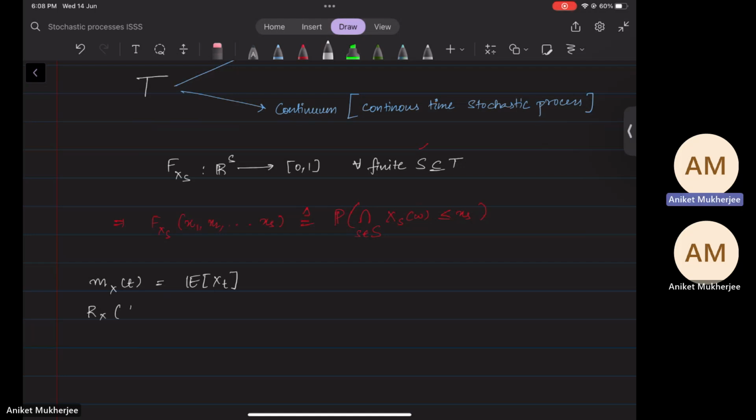And you have the covariance, the correlation, the autocorrelation, and the covariance terms, which are given by these terms. So these are some of the metrics which you can calculate given a stochastic process.